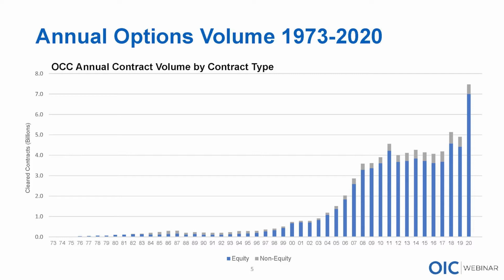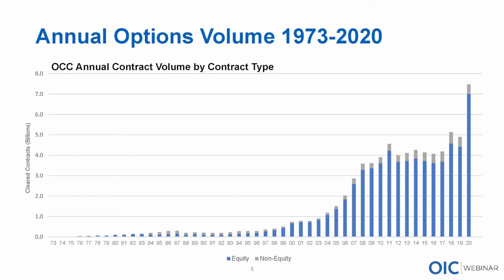2018 was a record year at that time for OCC, where we cleared and settled 5.2 billion contracts. But 2020 was a phenomenal year for the industry. We cleared and settled 7.5 billion contracts in 2020. And while the industry was celebrating record volumes, the reasons behind those record volumes were certainly no reason to celebrate.